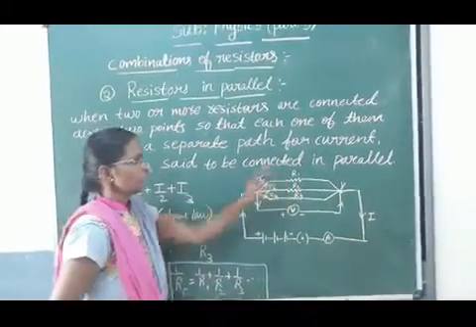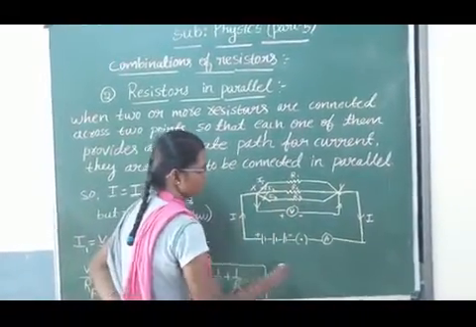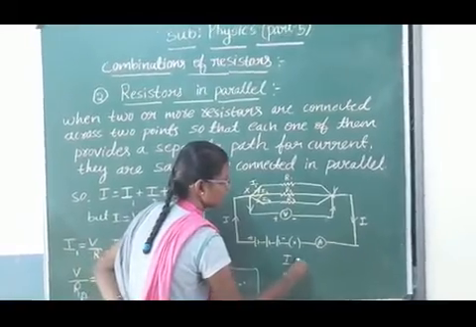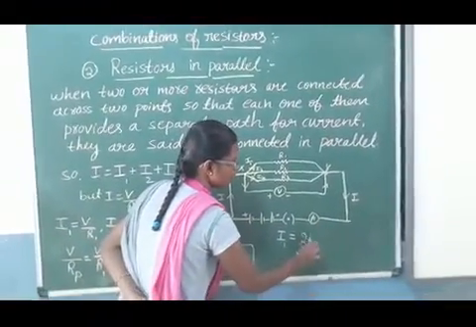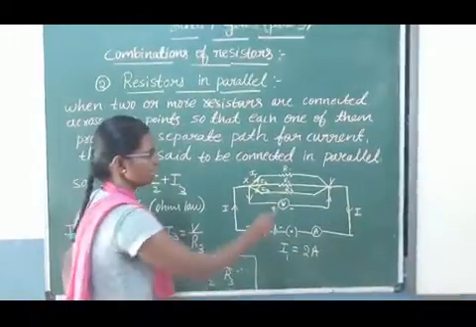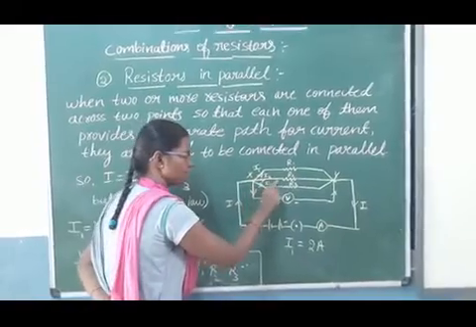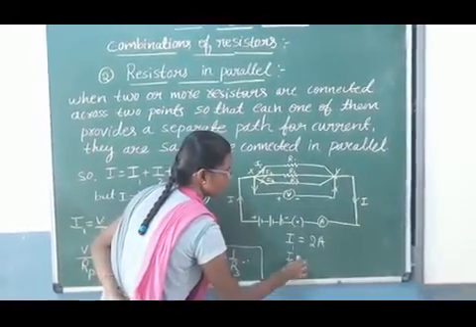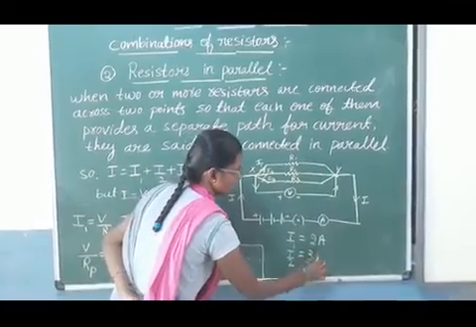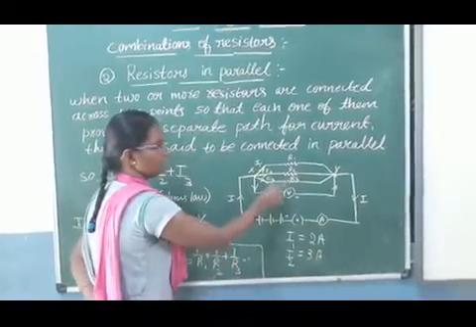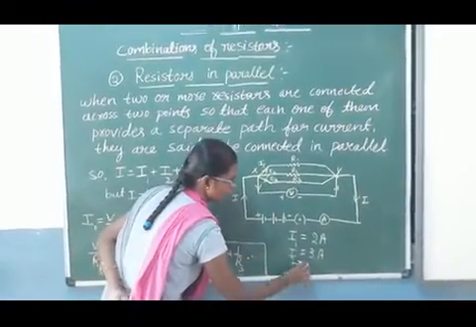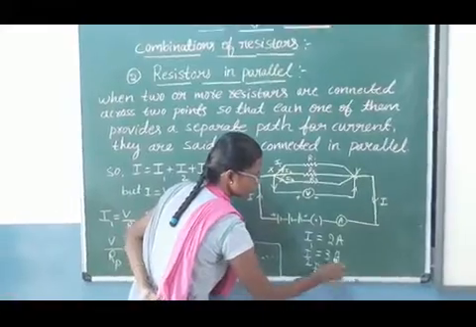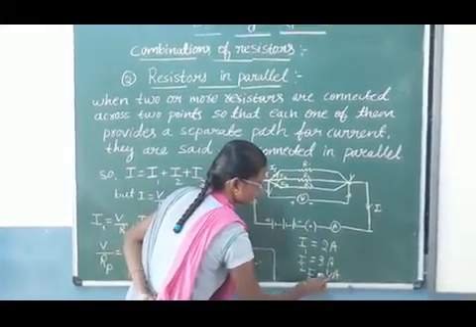Consider R1 has current I1 equal to 2 ampere. Then R2 also has a separate path, and I consider I2 as 3 ampere. Then R3 also has a separate path, I3 equal to 4 ampere.